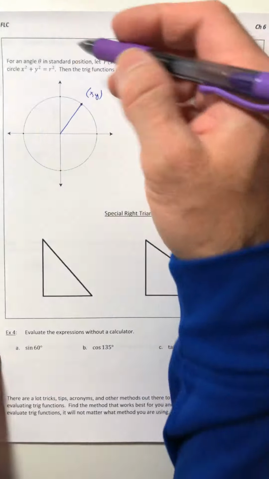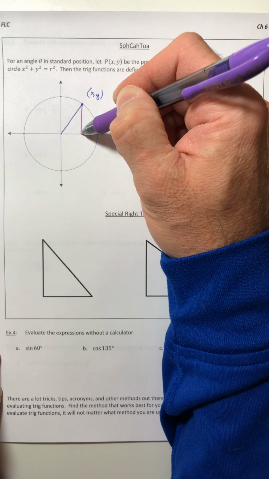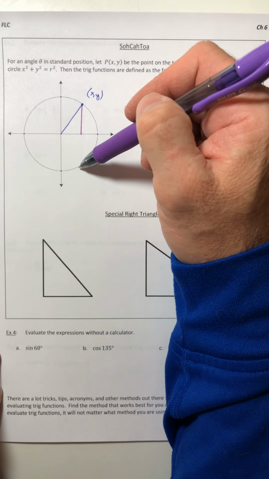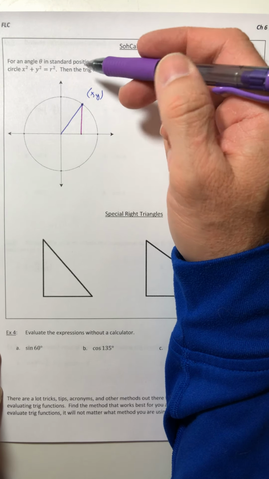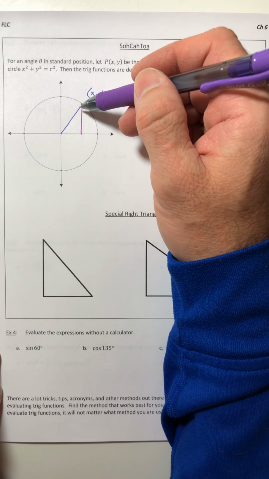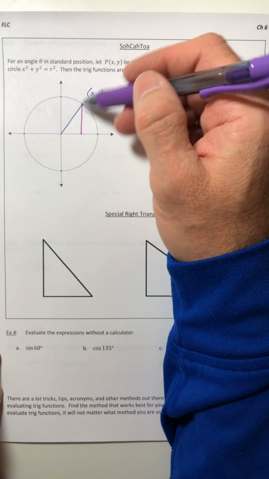You draw a line from the point to the origin, and then you draw a line from the point and connect it to the x-axis. So if your point was down here, you draw it up. You're either drawing the line up or down, so it's always vertical.